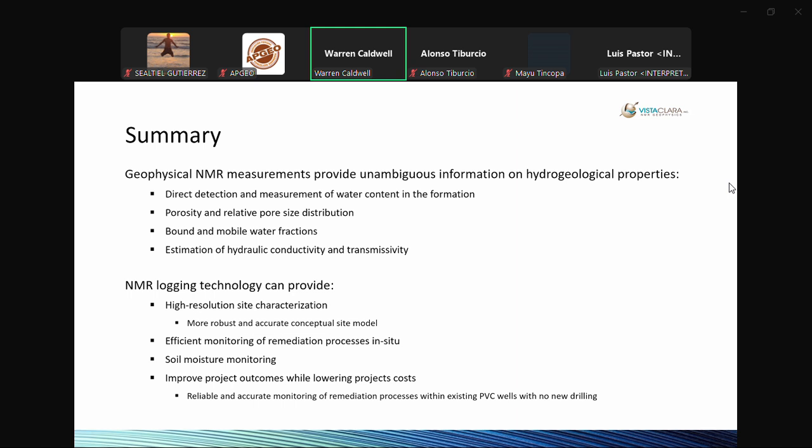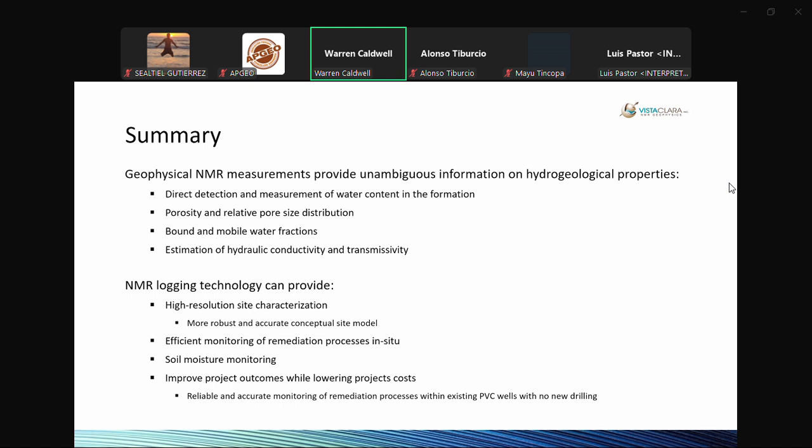You're making an inference about the geology or the lithology or some parameter of interest based on that physical measurement. But with the NMR, because you're getting an unambiguous detection of groundwater, you're getting much more direct information about hydrogeologic properties.